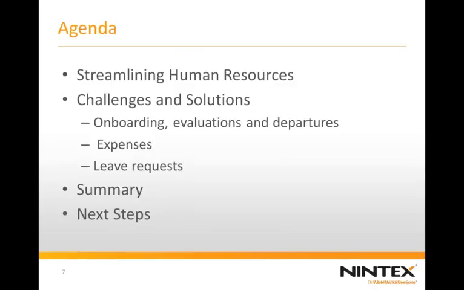The first will be onboarding, or the process that a company and an employee goes through when somebody new is hired, and also the evaluations and departure processes that are often attached to that onboarding scenario. We'll also look at expense claims, another very common, very popular process within the HR department. And finally, as an example of a high volume process or workflow that we can address, we'll look at leave requests as well.